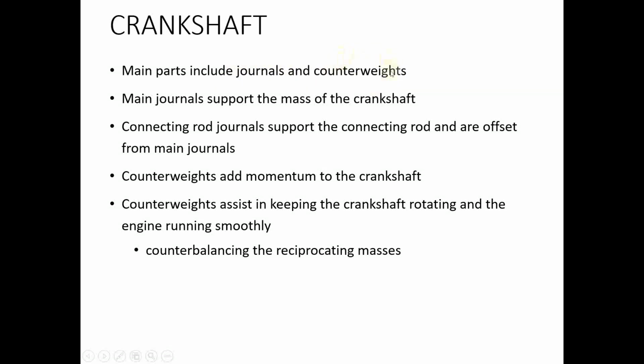The counterweights are used to balance the rotational motion and the unbalanced forces. Main journals, as I mentioned, support the mass of the crankshaft, and the connecting rod journals support the connecting rod and are offset from the main journals. Counterweights add momentum to the crankshaft and help the engine run smoothly.